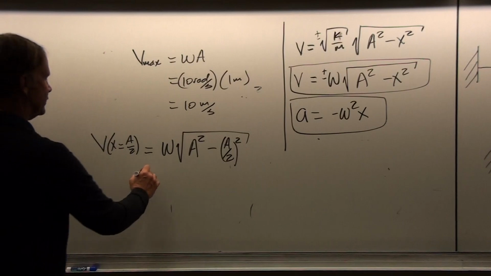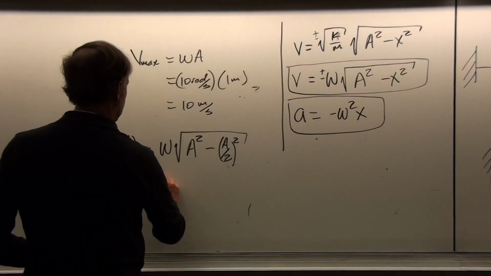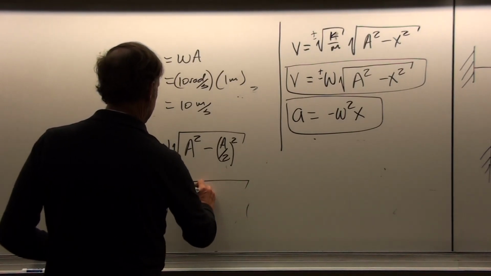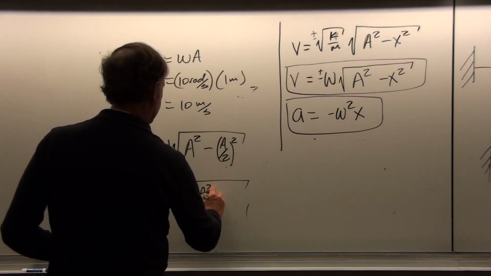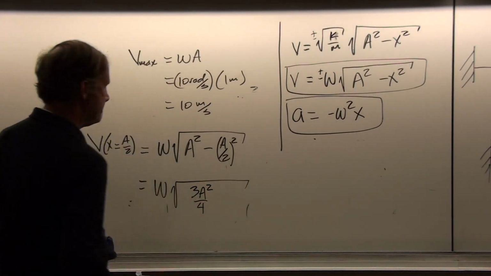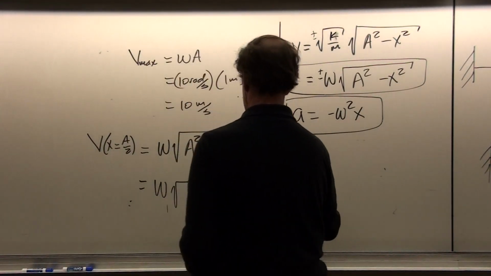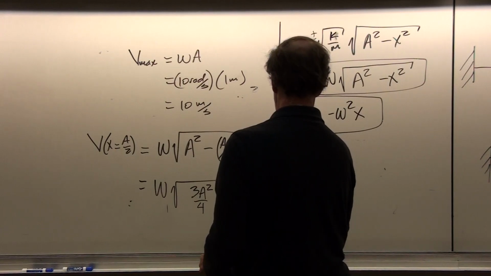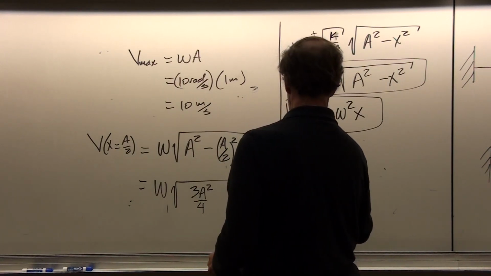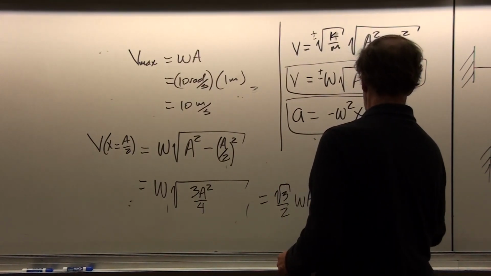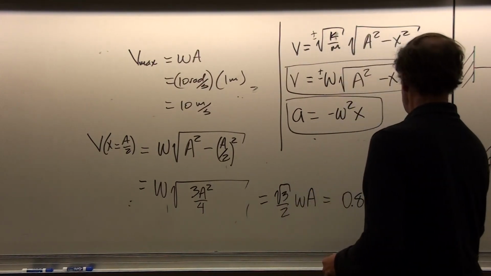We have that expression. So this is going to be omega times the square root of 3A squared over 4, or the square root of 3 over 2 omega A, or 0.866 times Vmax.